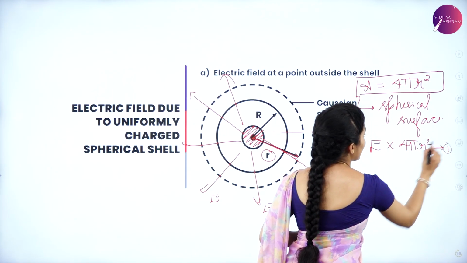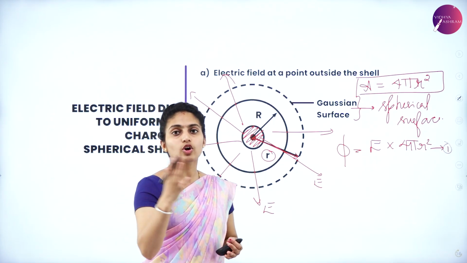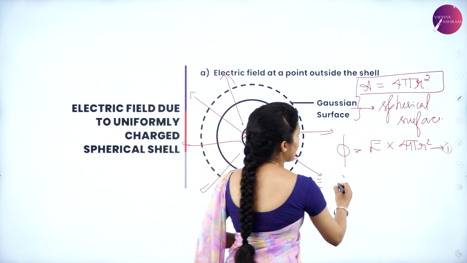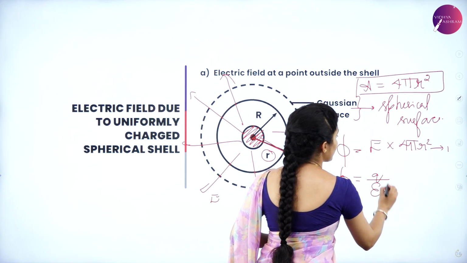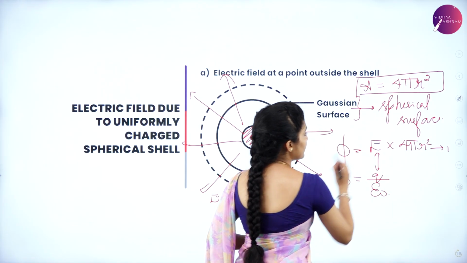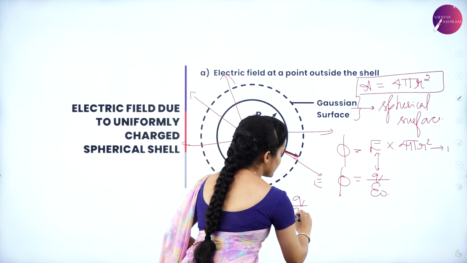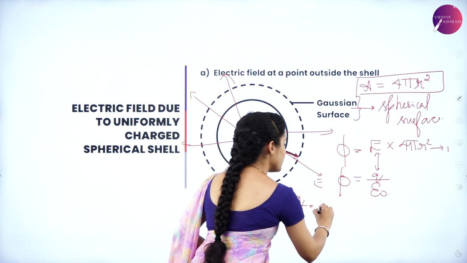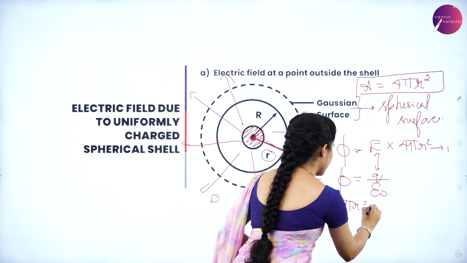So this can be called equation 1. Now equate it with Gauss law, flux is equal to Q by epsilon naught. So you have Q by epsilon naught is equal to E into 4 pi r square.